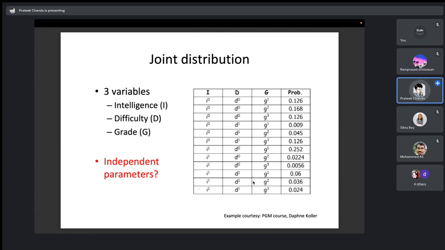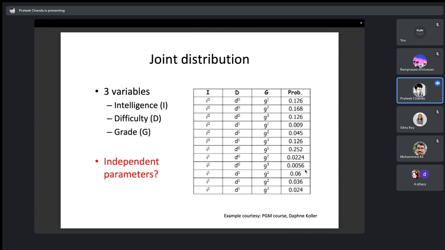This is again an image from the Daphne Koller book, where they have provided some numbers, just an example from the data they have in the book. So the probability of I equal to I0, D equal to D0, G equal to G1 is equal to 0.126. The joint probability of I0, D0, and G1 is 0.126, and so on.